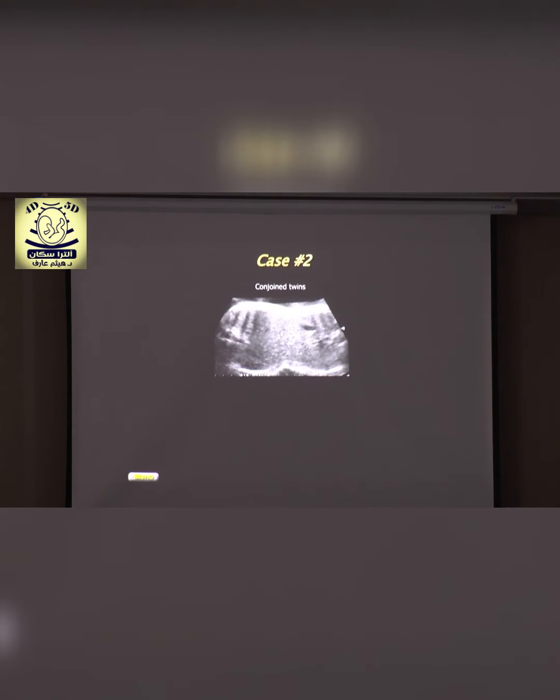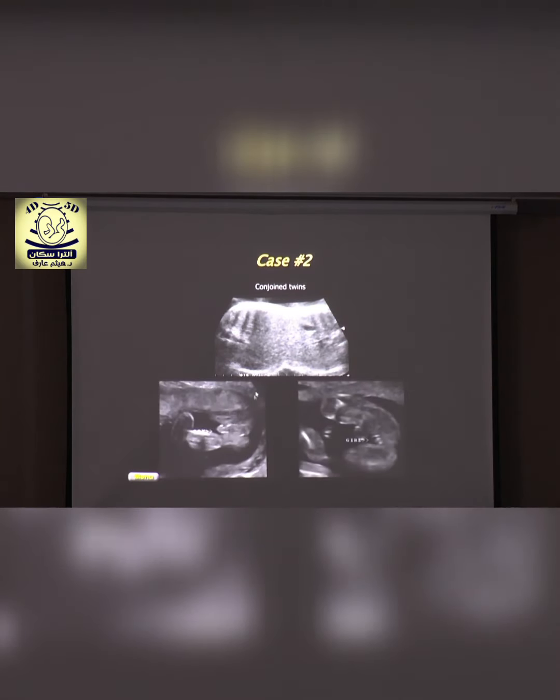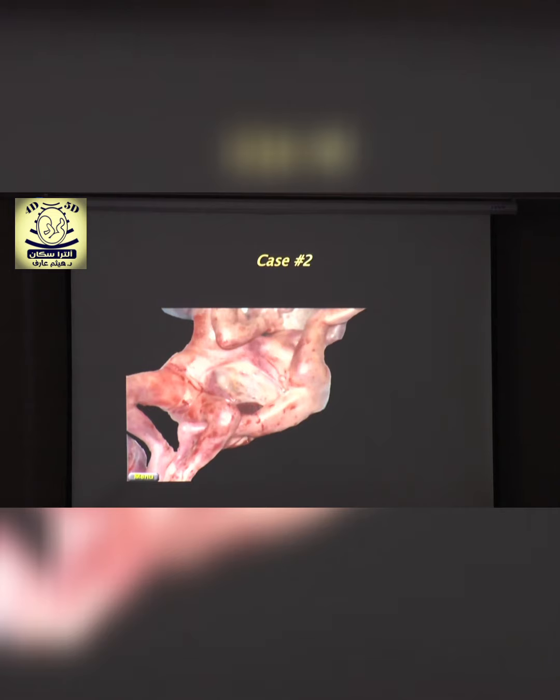These are conjoined twins. Can you have boys that are conjoined? Yeah, of course. Can you have two girls that are conjoined? Yeah, most conjoined twins are girls. Can you have a girl and a boy that are conjoined? That's it. This is a boy, this is a girl. How is that possible?